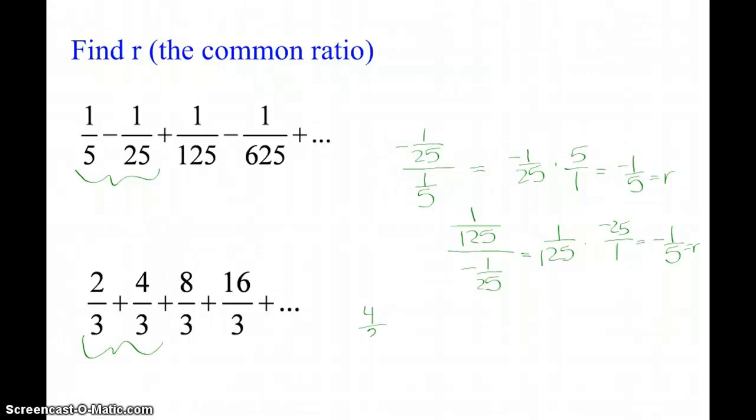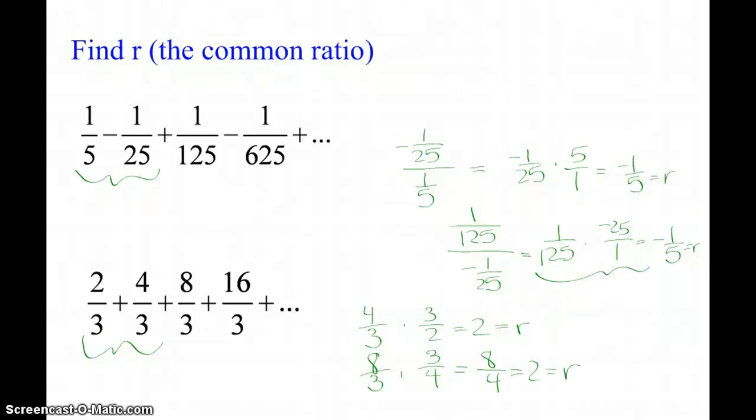That will be 4/3 divided by 2/3, which would be 3/2. So here it appears the common ratio is 2. We would check our work just by checking the next two terms. And I'm not writing a fraction over fraction. I'm going right ahead to this second step like we did here. And so that's 8/4. And sure enough, the common ratio is 2.